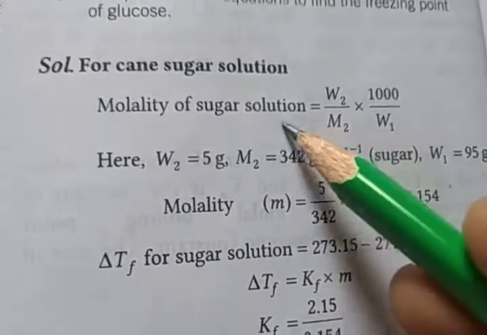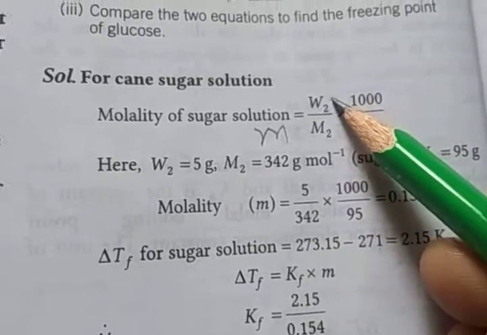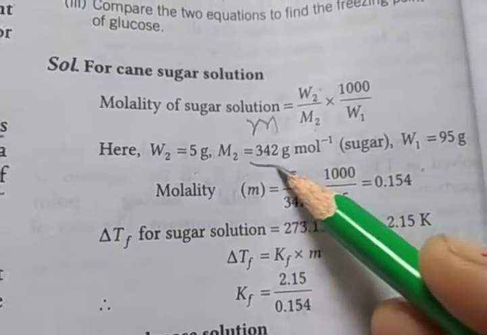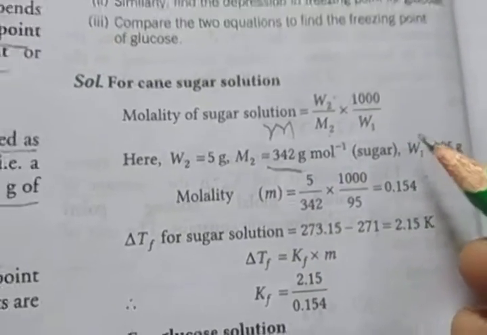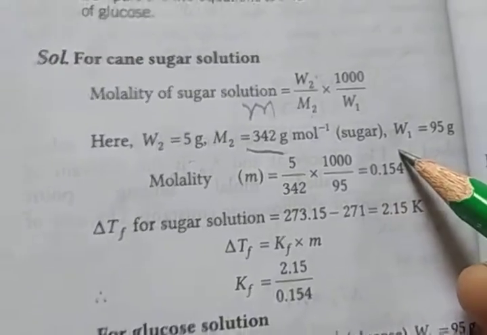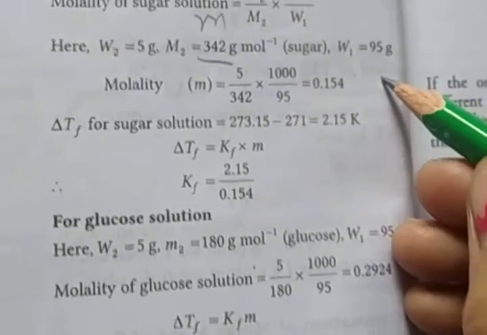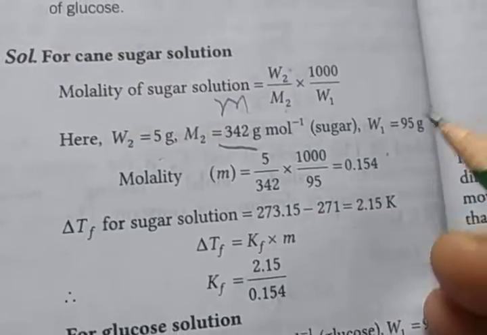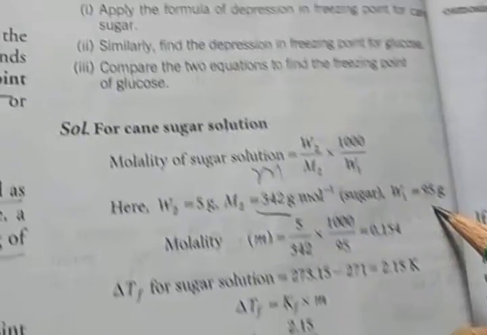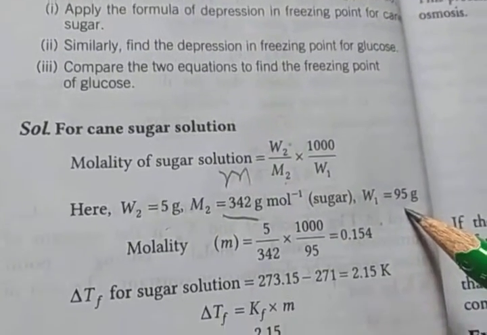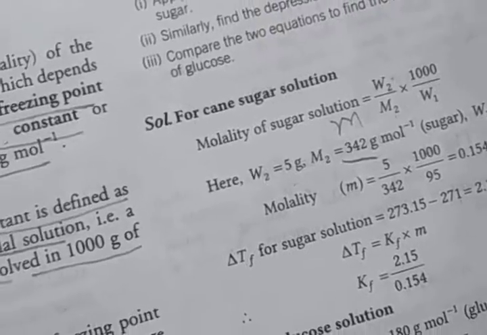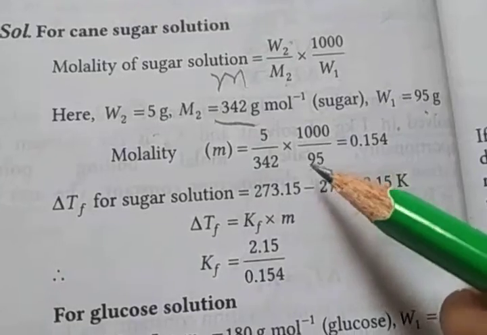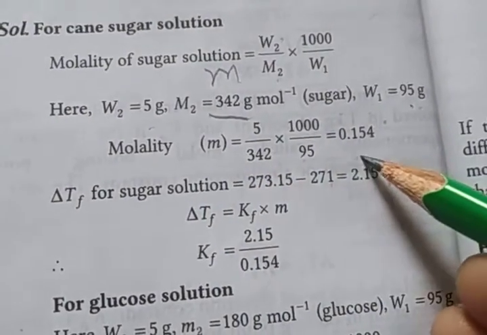So for the molality of the cane sugar solution, W2 is given as 5 gram, divided by the cane sugar molar mass 342 gram. Then W1 is 95 gram, because it is a 5% solution by mass, so the remaining 95 gram is the mass of the solvent. Then we put in the values, so the molality of the sugar solution is 0.154.